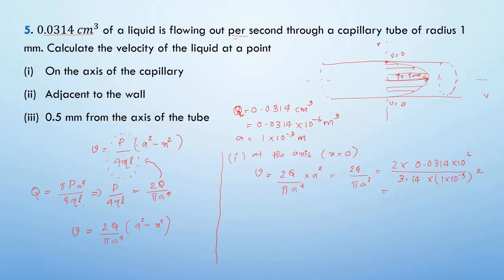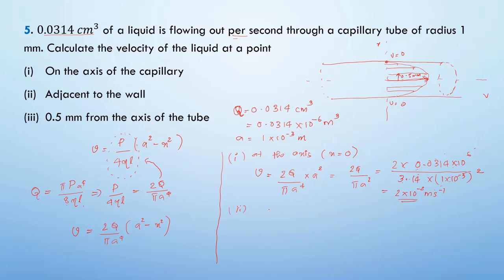You can cancel the powers of 10, and 3.14 with 0.0314, and the answer is 2 into 10 to the power negative 2 meter per second. So this is the velocity at the axis.